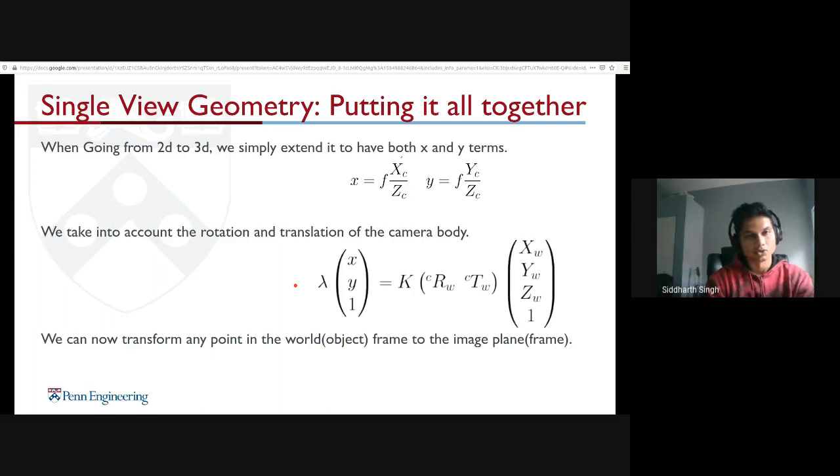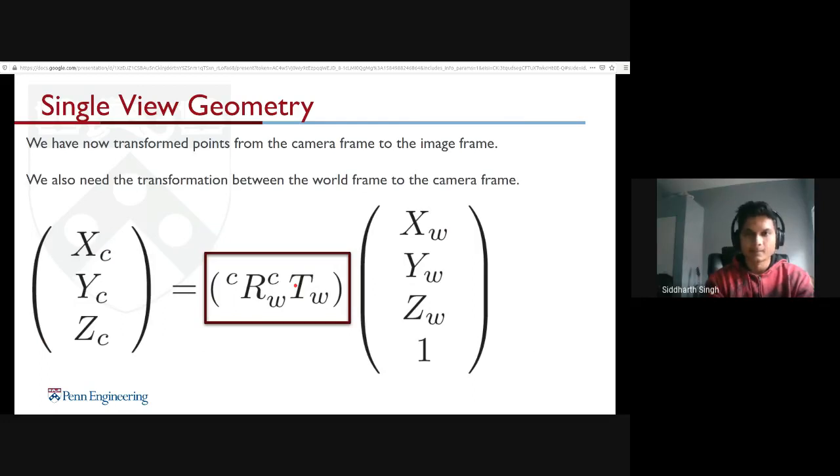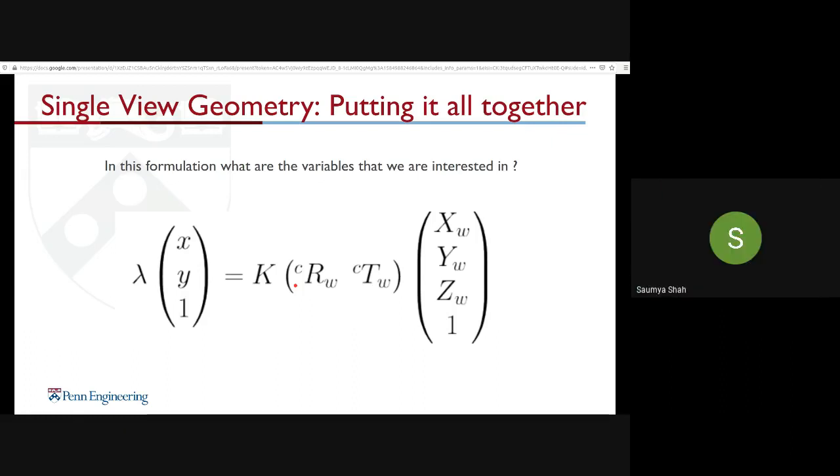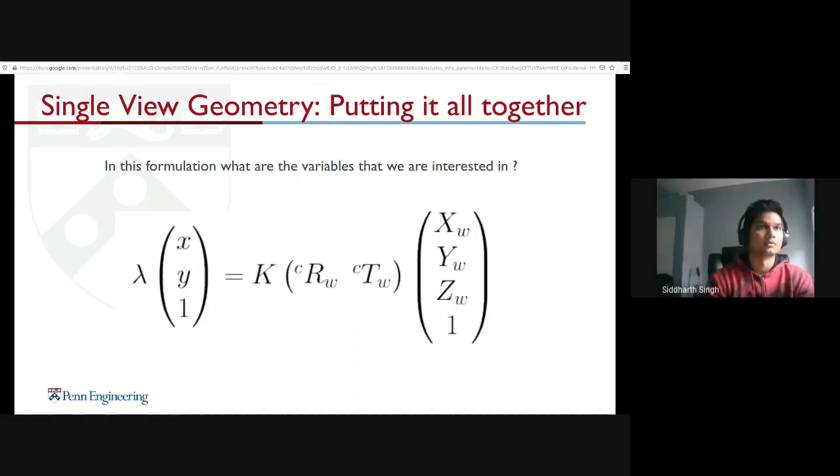Anyone? Any questions? I'll start asking questions now. So now, what are the variables that we are interested in in these equations? Can anyone tell me? R and T. Okay. What else?